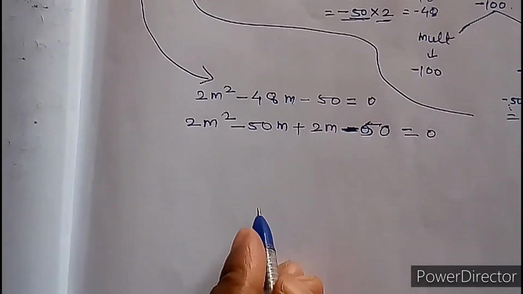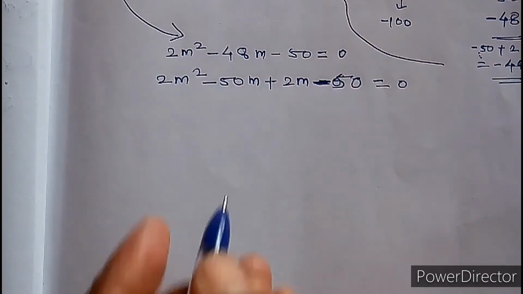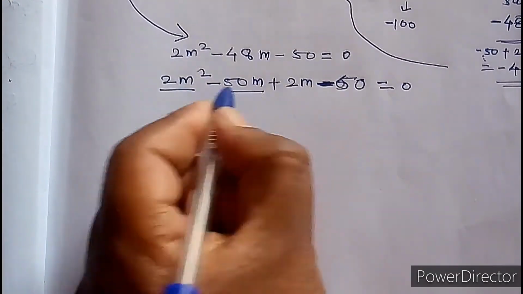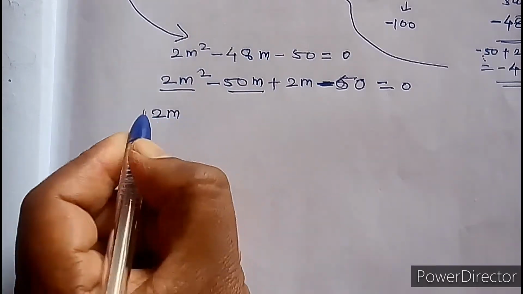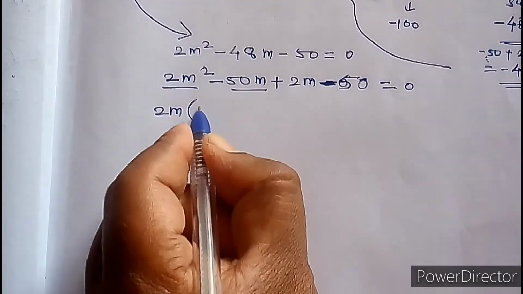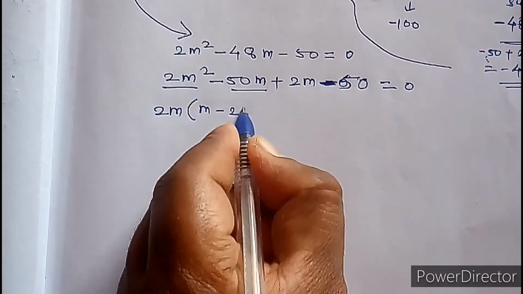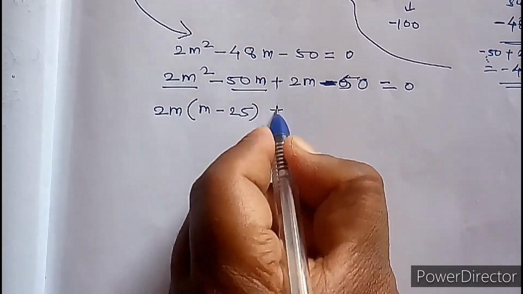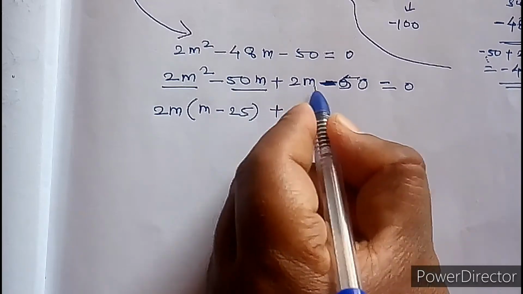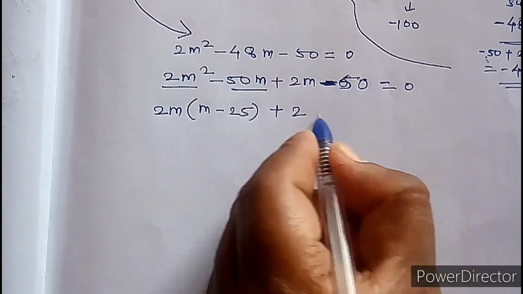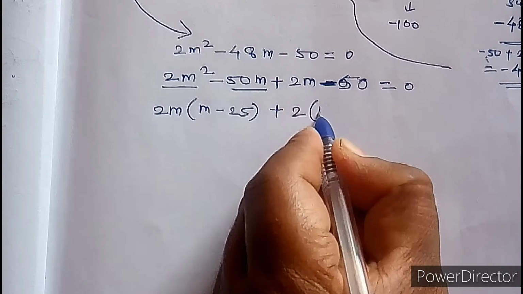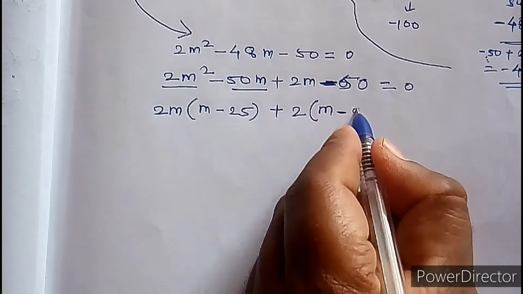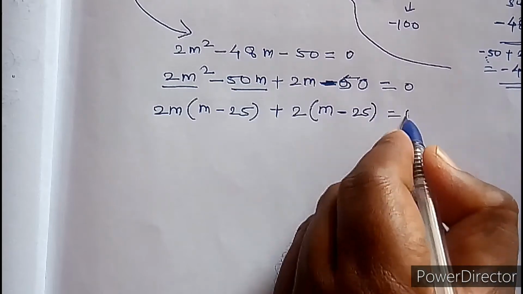We get this form of the quadratic equation. Now here take 2m common from these both terms, here remains only m minus 25, because we have taken 2m common, plus 2 common from 2m minus 50. By taking 2 common, here remains only m as it is, and if we take 2 common from 50, here remains only 25, equals 0.